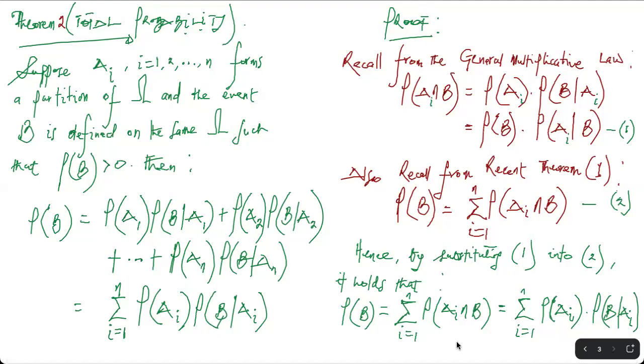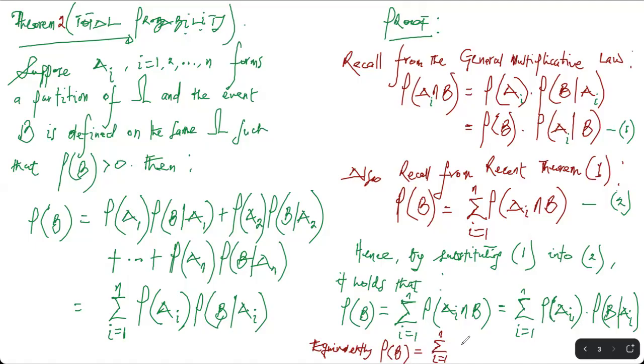This can also be equal to, so I can also say equivalently, I can also say that the probability of B, which is equal to this, I can also write it as the summation from 1 to n. This time around, I can use the second part.